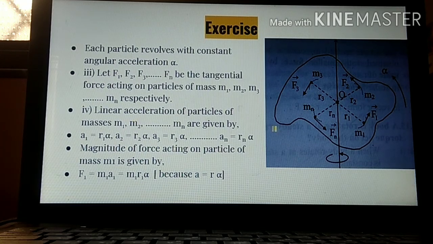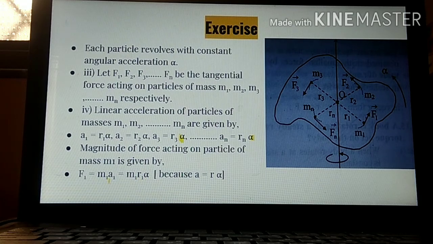So linear acceleration A1 can be written as R1 alpha, A2 as R2 alpha, A3 as R3 alpha, up to An as Rn alpha. Alpha is constant, because angular acceleration is constant in this case. So the magnitude of the force on the particles: F1 is equal to M1 A1, which is equal to M1 R1 alpha.